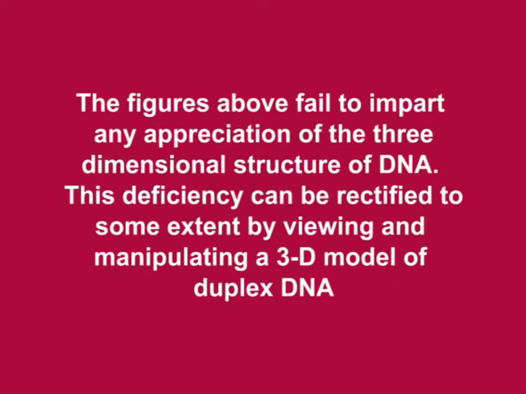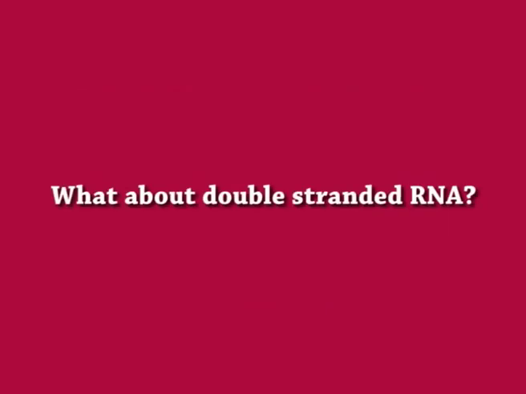The figure fails to impart any appreciation of the three-dimensional structure of DNA. This deficiency can be rectified to some extent by viewing and manipulating the three-dimensional model of duplex DNA. Now, what about double-stranded RNA?